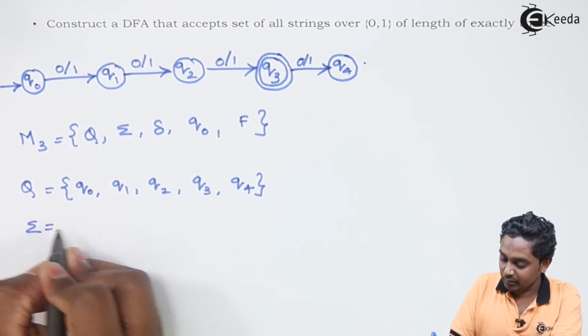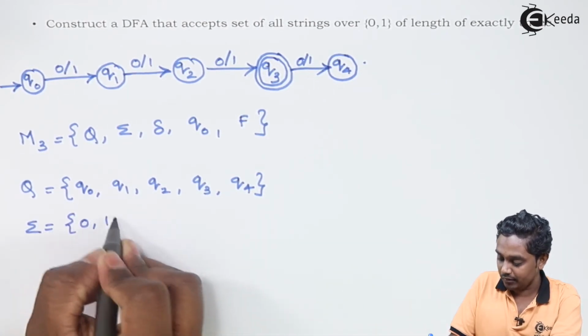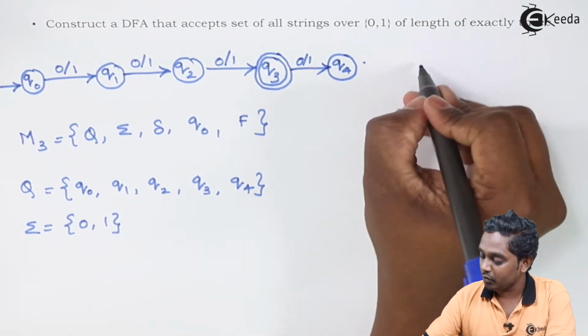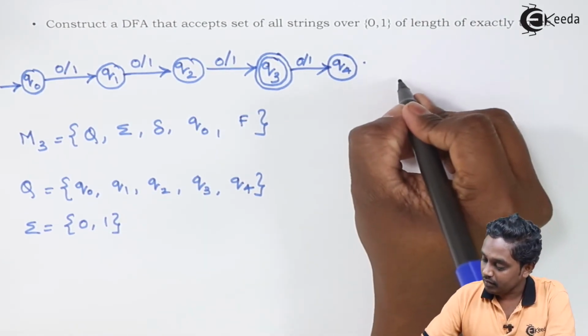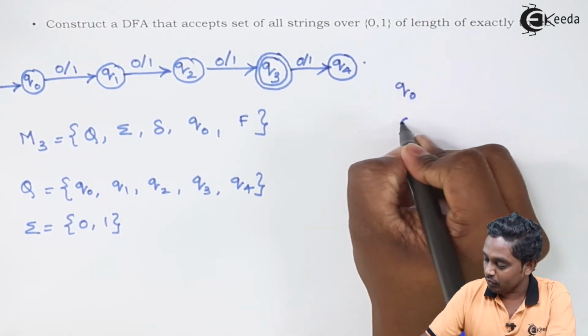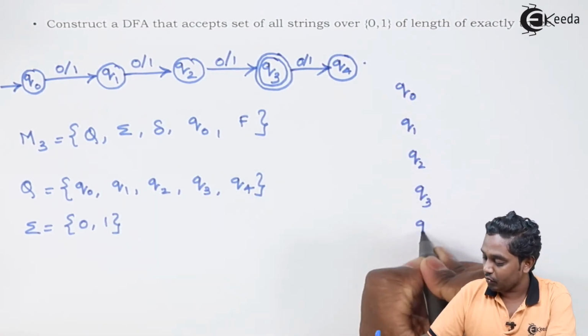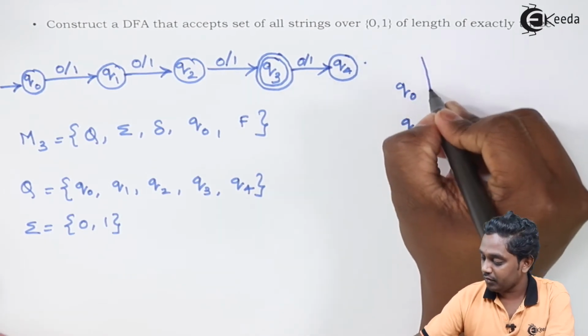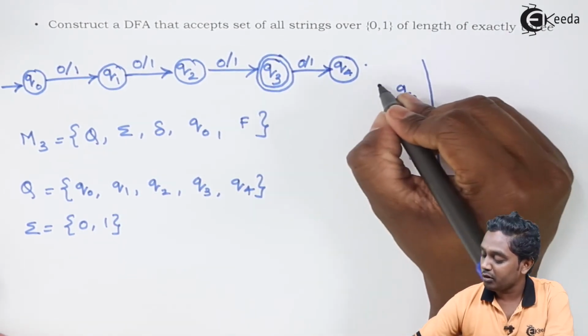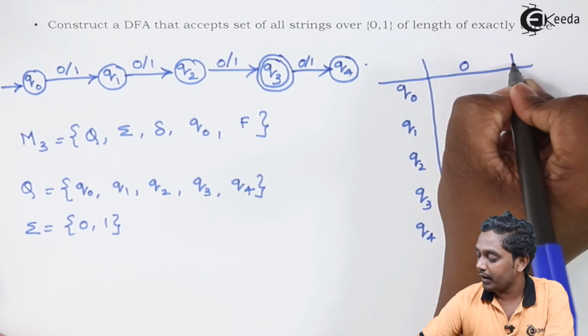Sigma is again the input alphabet set 0 and 1. Delta, we are going with the table, that is from Q0, Q1, Q2, Q3 and Q4. What are the transitions on the given input alphabet set 0 and 1?